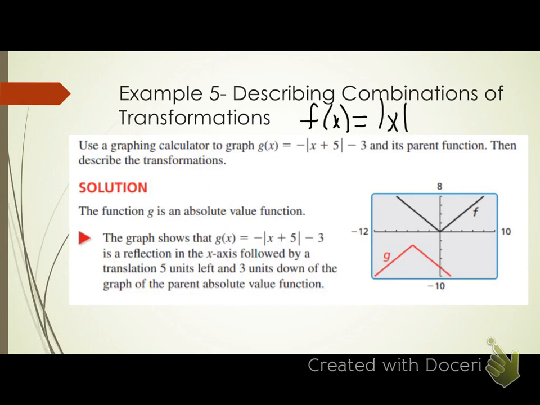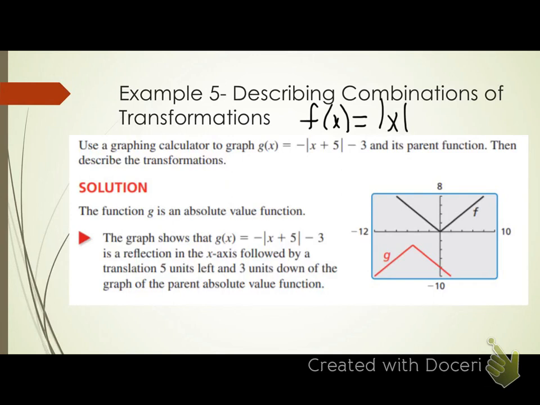If it's inside grouping symbols, you do the opposite of what the sign is telling you to do. So if it's inside, it's going to be a horizontal translation. So this plus 5 tells me it's going to go to the left 5, because I do the opposite of what the sign says. If it's outside of the grouping symbols, it's going to be a vertical translation, and I do what the sign says. So it's a minus 3, so I'm going down 3. Does everyone see that?